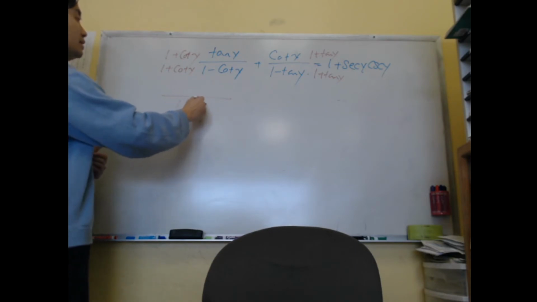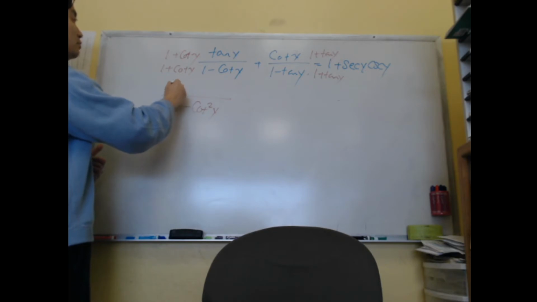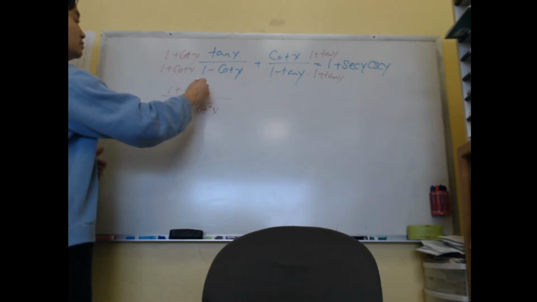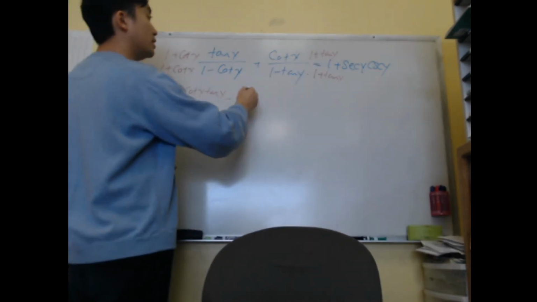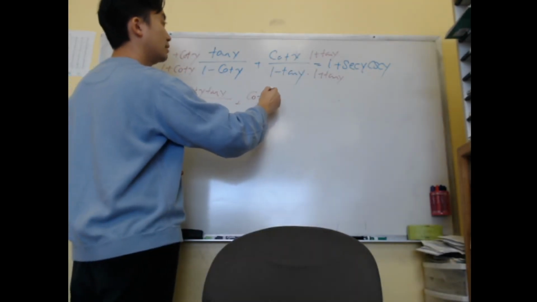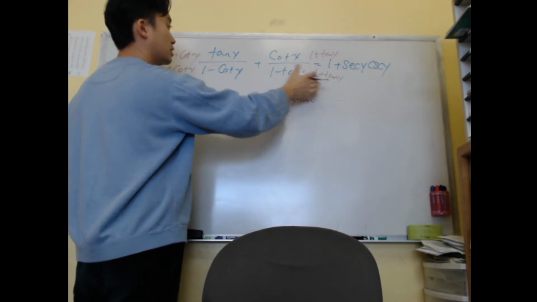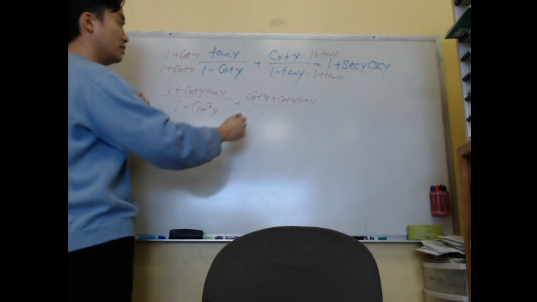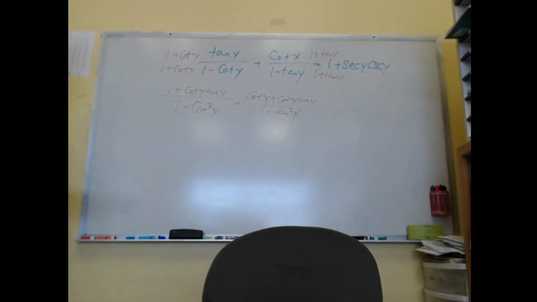So I got 1 minus cotangent squared of y. And then the top, I got 1 plus cotangent of y tangent of y, and here, cotangent of y plus cotangent of y. So the conjugate, multiply this. So that would be what? 1 minus tangent squared of y. What's 1 minus cotangent squared of y? Is that one of the Pythagorean identities?